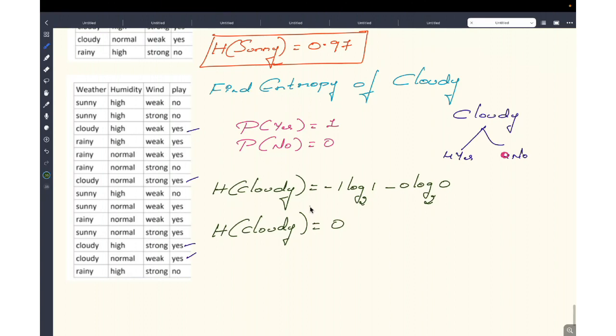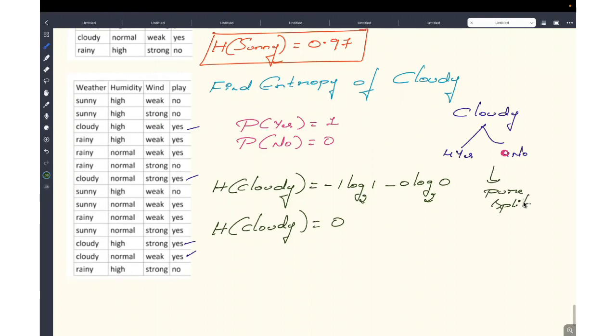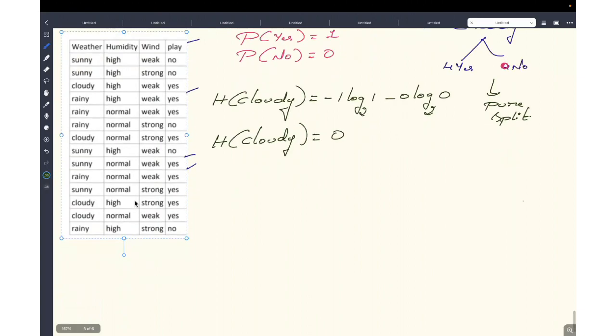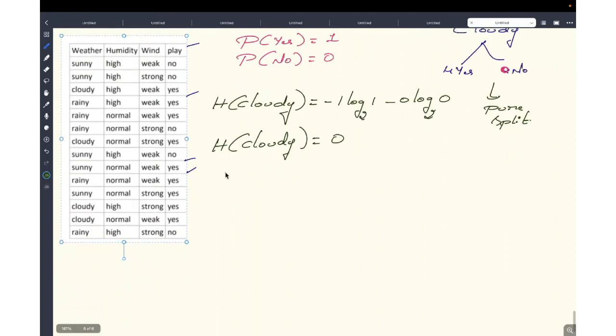It's a terminal node. No further split. Decision happened. Understood? So it's a pure split. Okay, we'll try one more. Entropy of cloudy done. Next one is rainy.